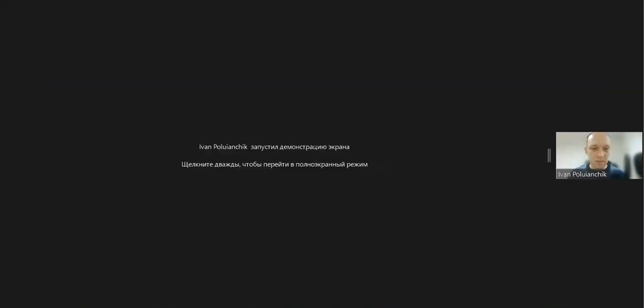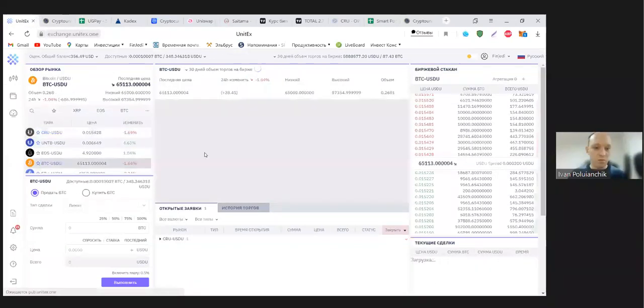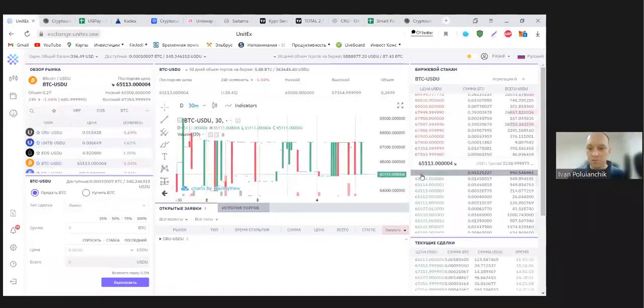So the next question is why the exchange rates on Unitex vary so differently from other exchanges such as Binance, etc. Okay, good question. Let me share my screen and give you a demonstration. Let's take Bitcoin. You see that Bitcoin here is traded at 65,000, and see the difference between the buy and sell is $2,000, $2,200.